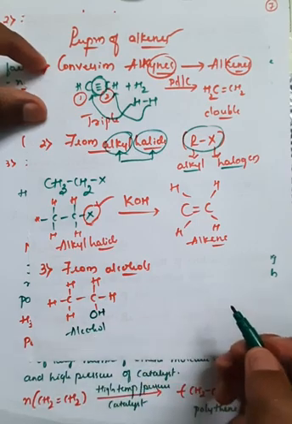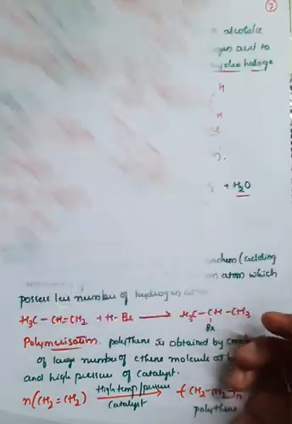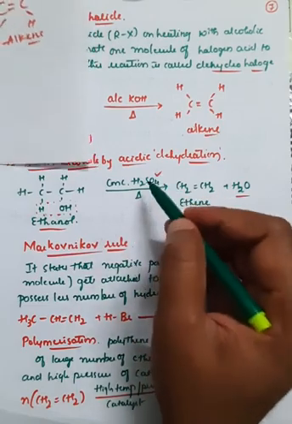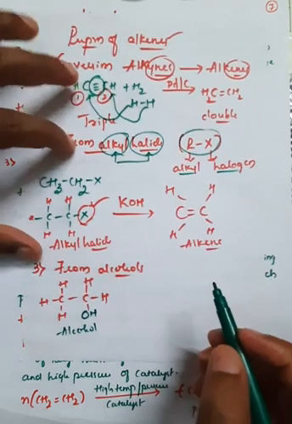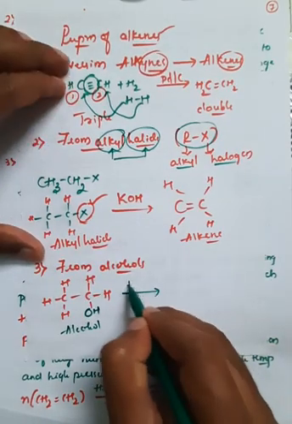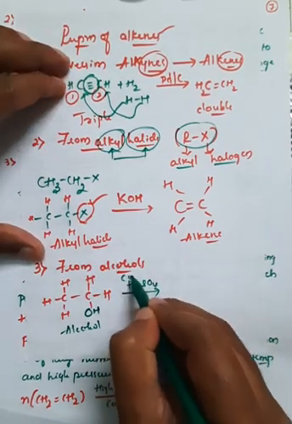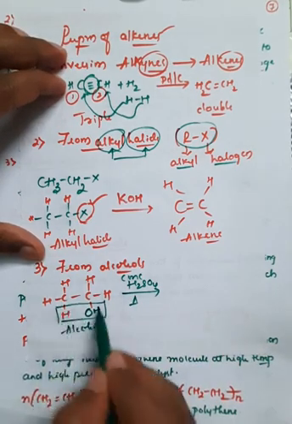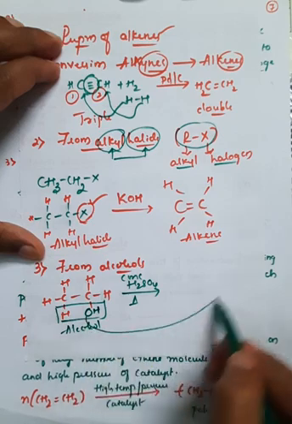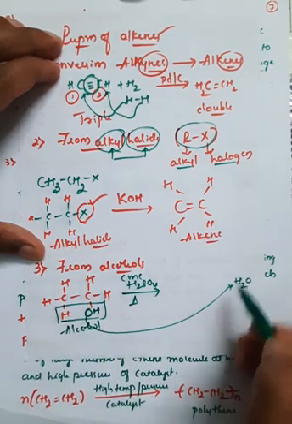So this alcohol, in presence of concentrated H2SO4, if you heat it, will convert into ethene. Observe here, in presence of concentrated H2SO4 and heat, this part will be eliminated and form a side product, that is, a water molecule.